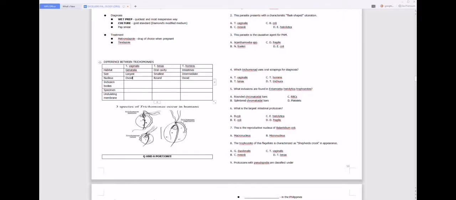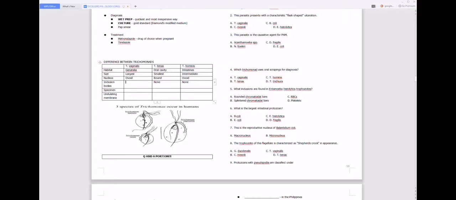Okay? Next is inclusion body. For the inclusion bodies, Trichomonas tenax and Trichomonas hominis do not have inclusion bodies. So none. They are the commensal trichomonads, so they do not have inclusion bodies.